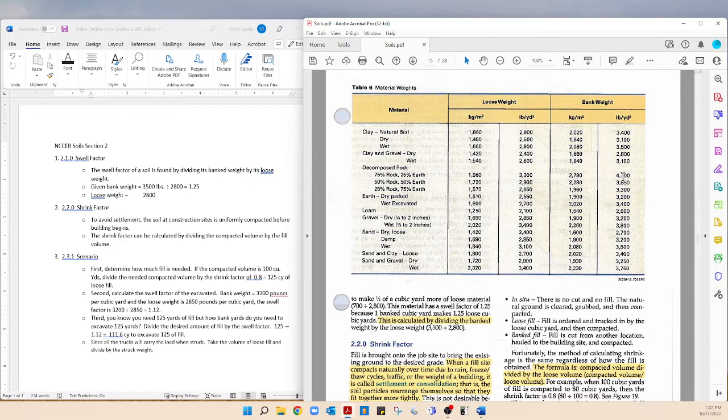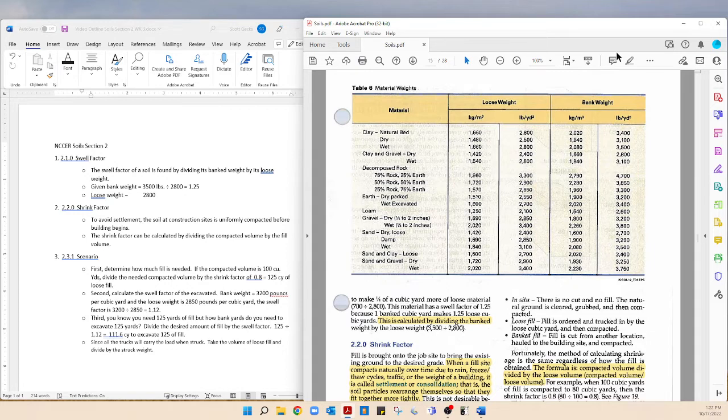But in each case, you would take this divided by this, if you're using non-metric, and that would give you the swell factor. Let me do that.